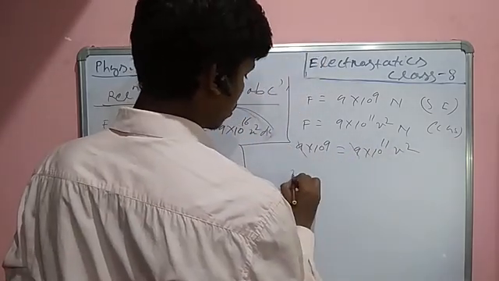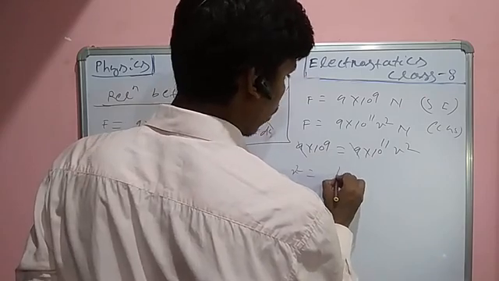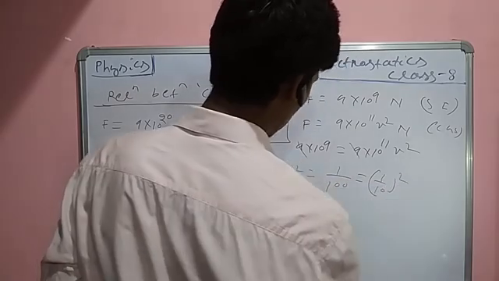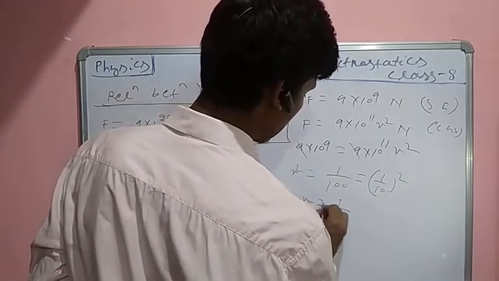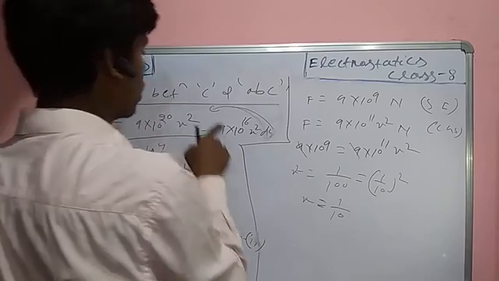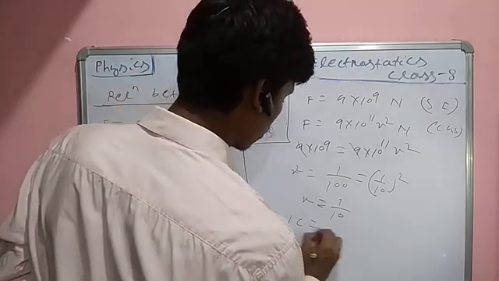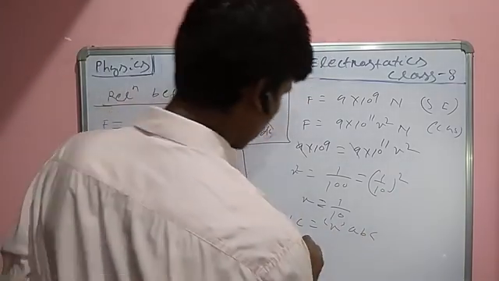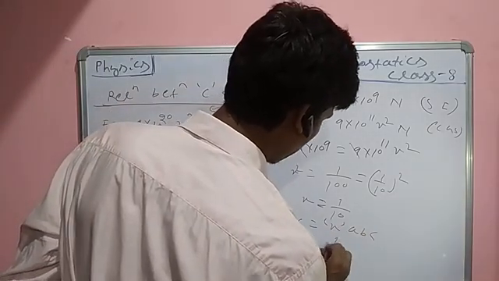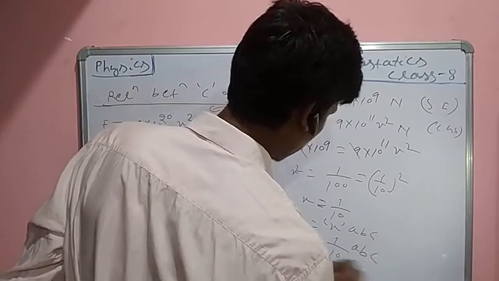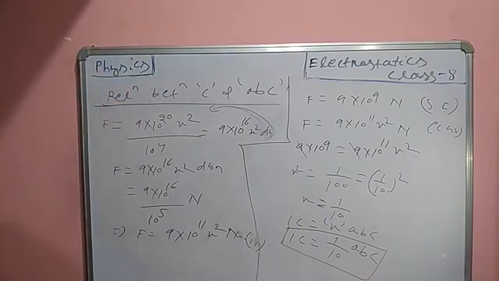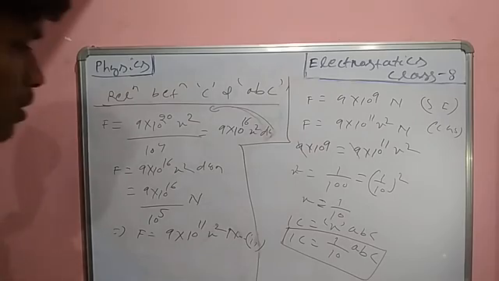So X square is equal to 1 by 100, or 1 by 10 square. So X is equal to 1 by 10. So 1 coulomb is equal to X statcoulomb, and we have written X is 1 by 10 statcoulomb. This is the relation between coulomb and statcoulomb. Yes or no? This is the statcoulomb.